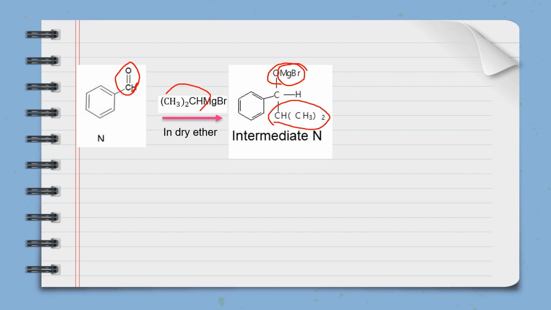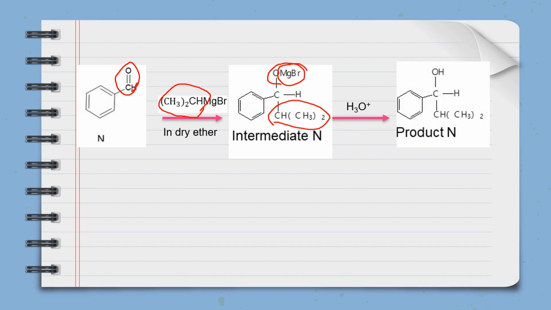After that, intermediate N continues with hydrolysis. It produces product N, which is a secondary alcohol. This structure also gives you 1 mark for intermediate N and 1 mark for product N.